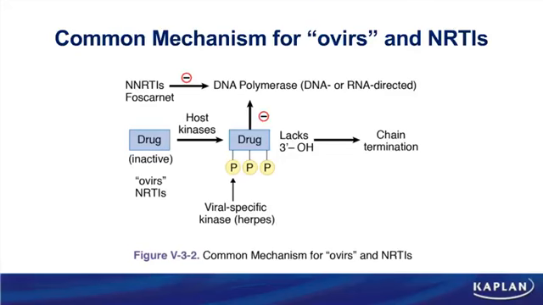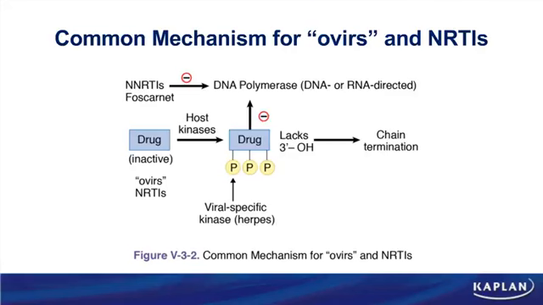Let's start with the OVIRs. OVIRs are inactive prodrugs. Remember that they are nucleosides that need 3 phosphates in order to become nucleotides. The first phosphate is added by viral-specific thymidine kinase from herpes, but the second and third phosphate from the host.